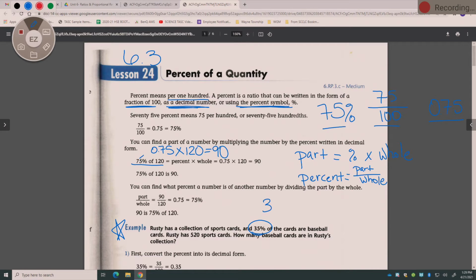So 35%, an easy way to turn something into a decimal is, from the percent sign, go to the left 2 spaces, and then erase your percent sign.